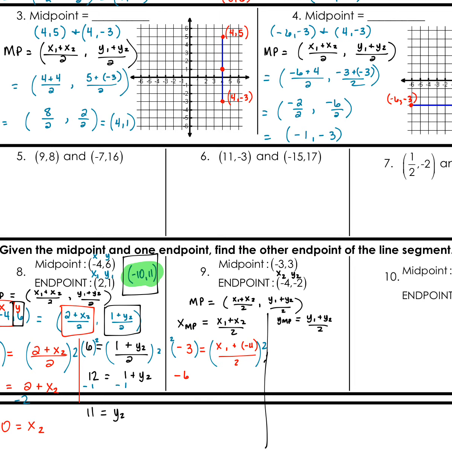So we get -6 equals x1 minus 4. That became a minus because it was plus a negative, so we just made it a minus. Add 4 to both sides. It's going to cancel it out on the right. So -2 equals x1.